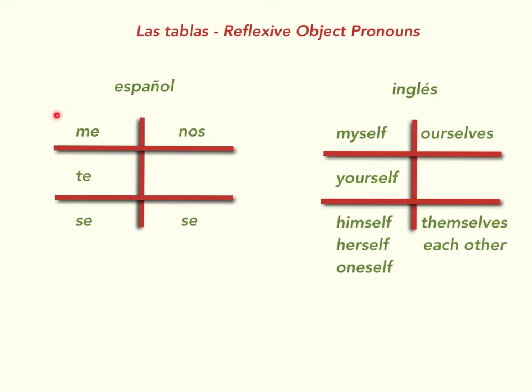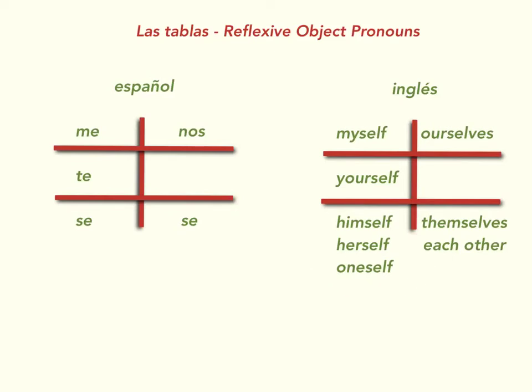So we have me, and the English equivalent would be myself. So if I'm doing the action to myself. Te, yourself. This would be if you are doing the action to yourself. Se could either refer to himself, herself, or one's self.